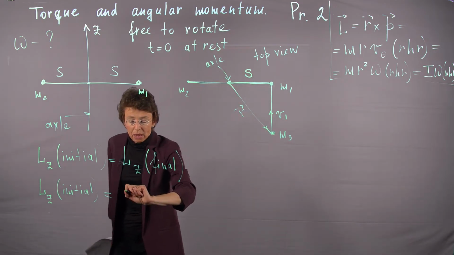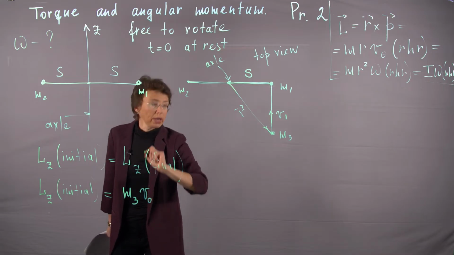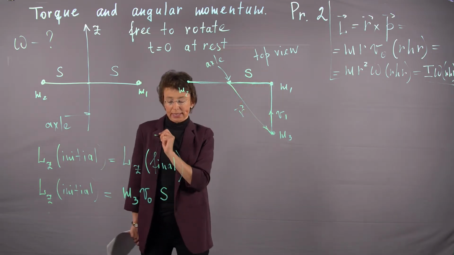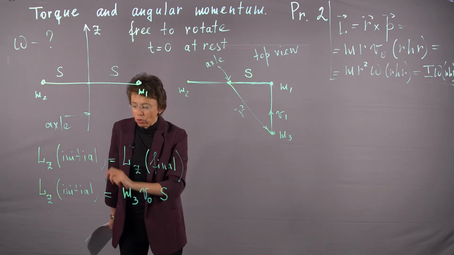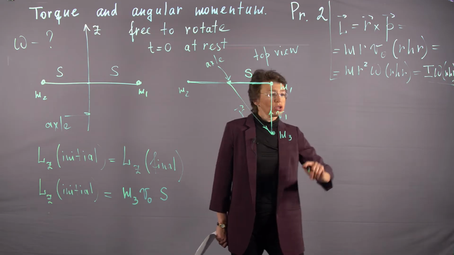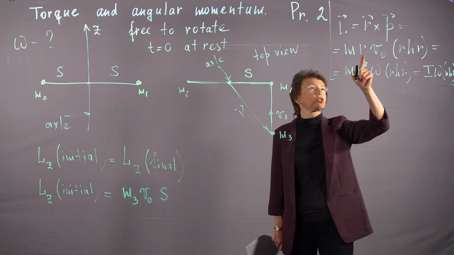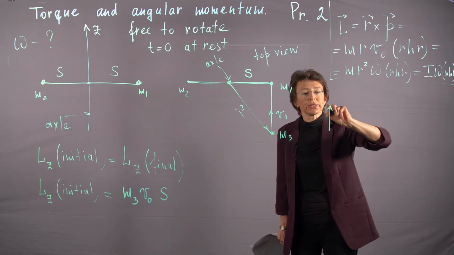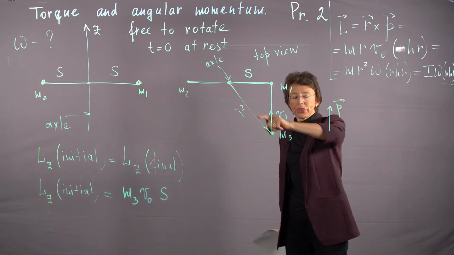So it is R cross P. I have P as m3 v0. The component of R perpendicular to v is s. So m3 v0 s. Now I need to check the direction. To check the direction, we start the two vectors R and P at the same point. This is P, same direction as velocity.